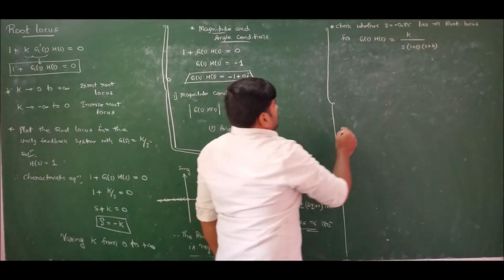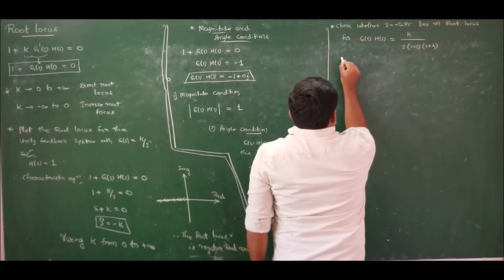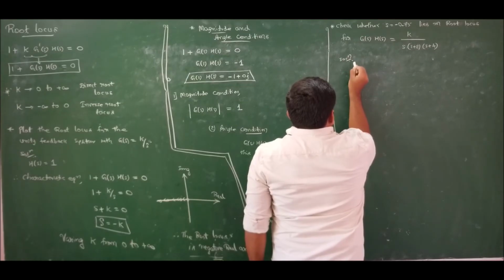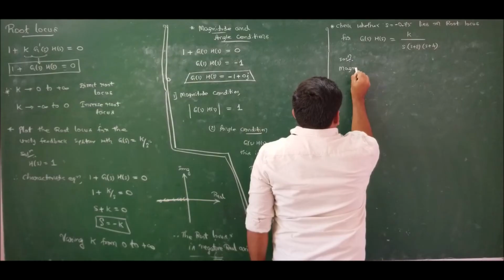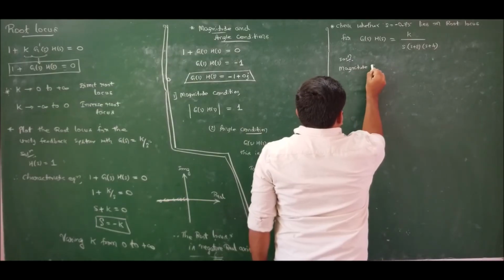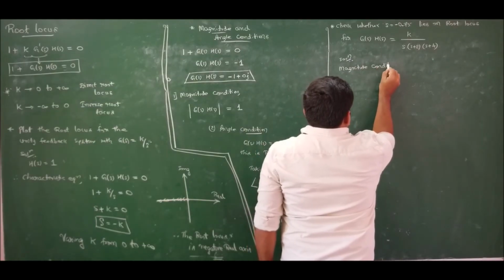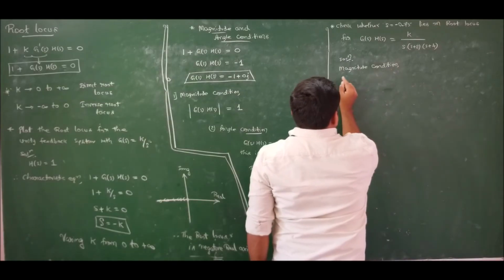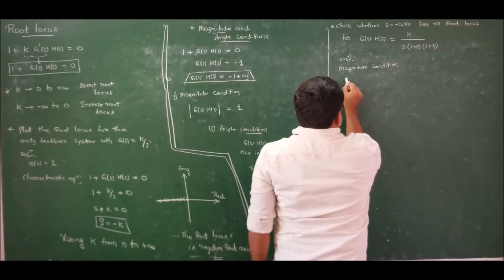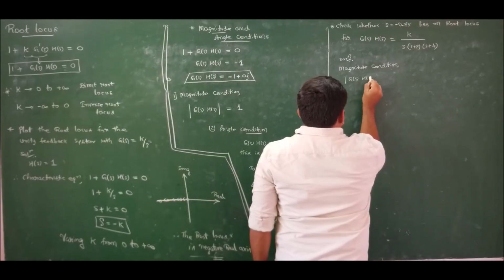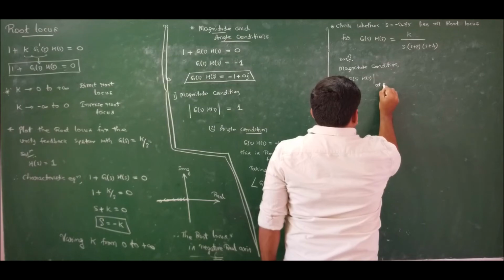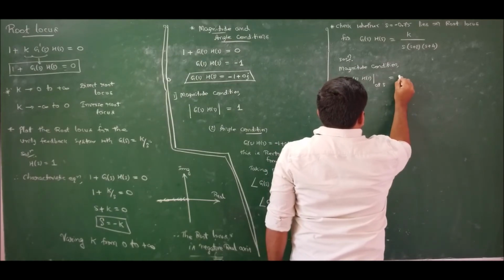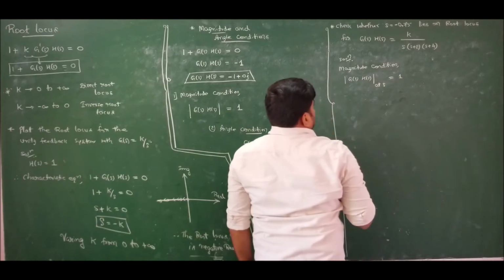Now if I go for the magnitude condition to find the value of K, that is, modulus of G(s)H(s) at s is equal to minus 0.75 must be 1.